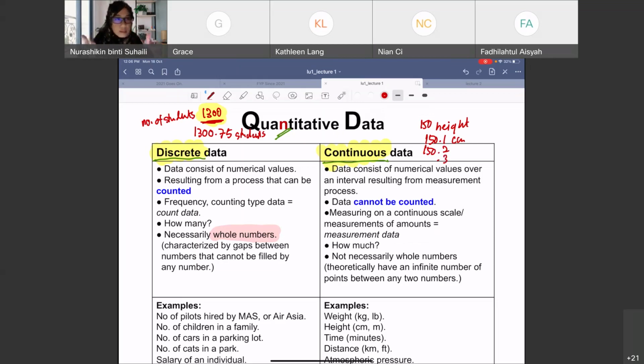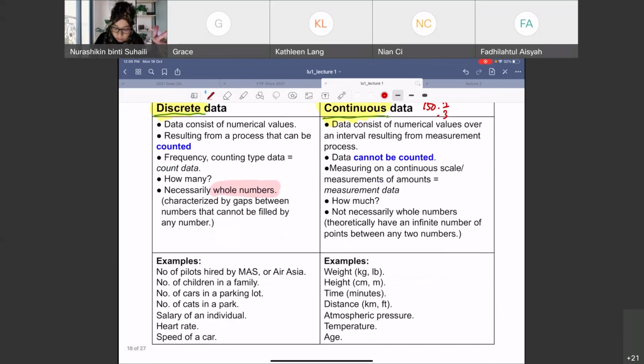Because there isn't any limit to it. For example, the weight, the height, the time, 1 hour, 30 minutes, 5 seconds, it can be in tiny fractions that we cannot measure. So it's continuous. Distance, for example, 25.761 kilometers. You can go much more specific, but it's continuous.